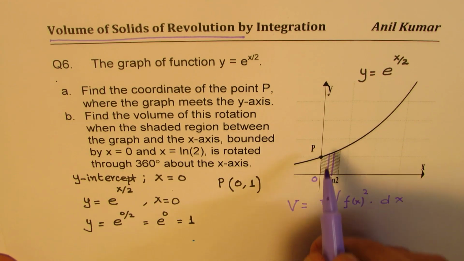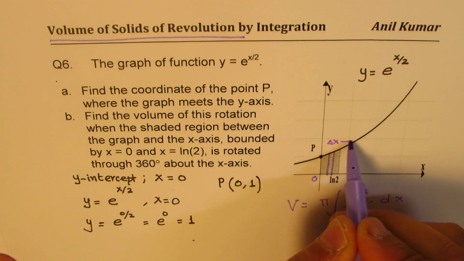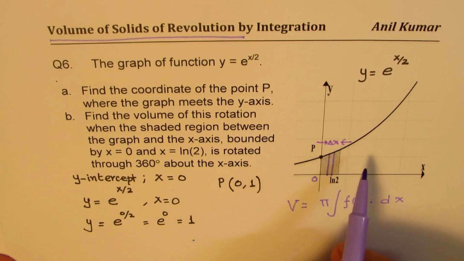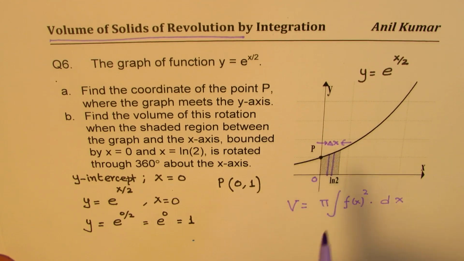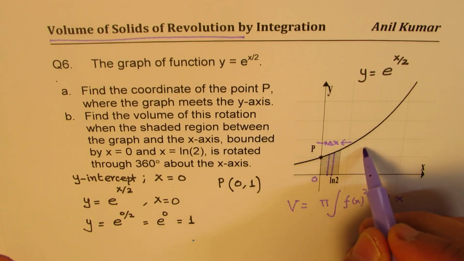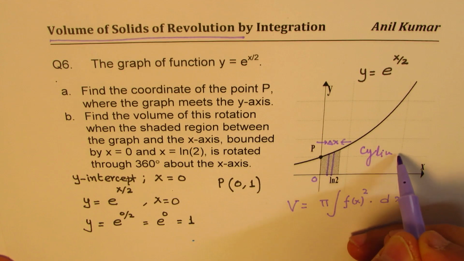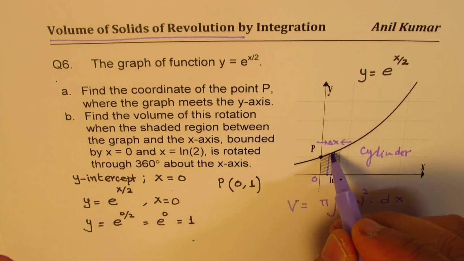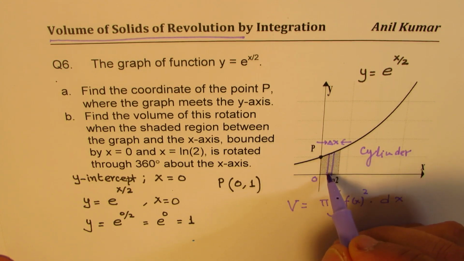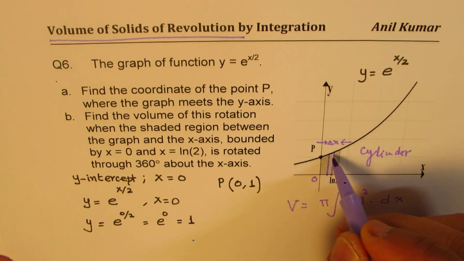The width of this strip is delta x, right? That is constant. Now each strip is like a cylinder. Correct? You can take a medium value of this cylinder, which becomes the radius, right?